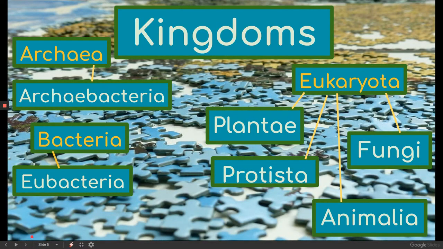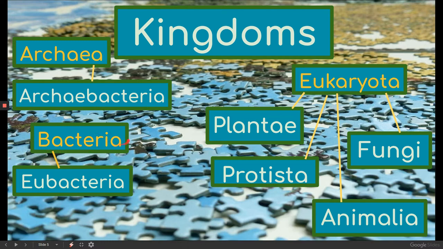Now, there are 6 kingdoms and 3 domains. Archaea, do you remember that domain? It has one kingdom called Archaebacteria. These organisms live in extreme conditions, such as in volcanoes or deep in the sea, where most other living organisms could not survive.